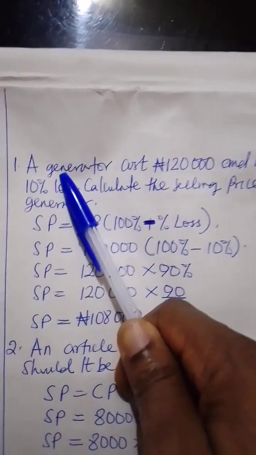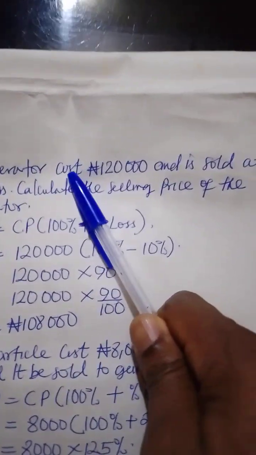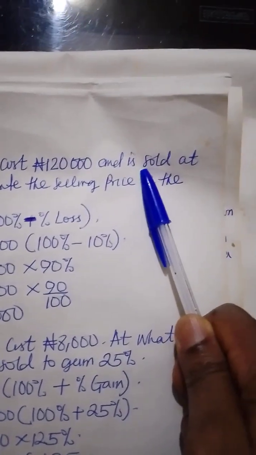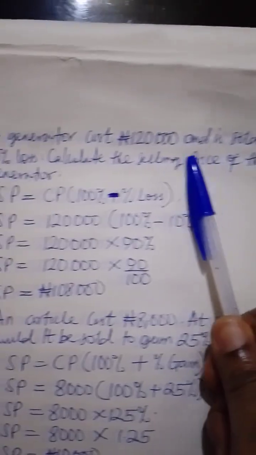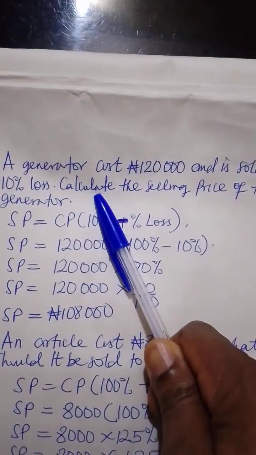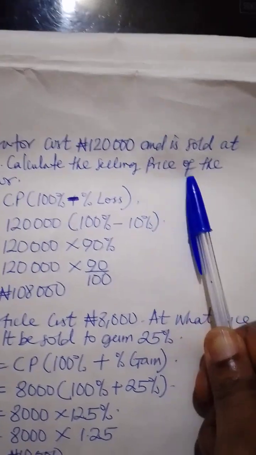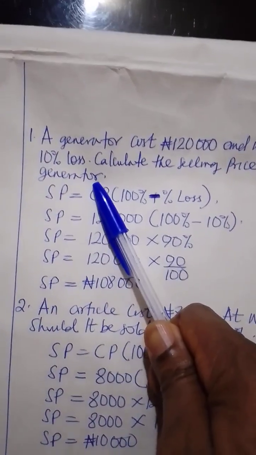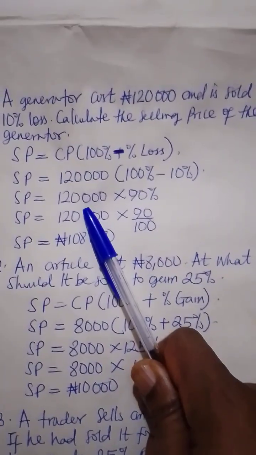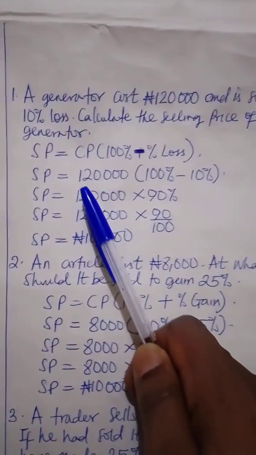Question 1 now. A generator cost 120,000 and is sold at 10% loss. Calculate the selling price of the generator. Of course, part of the formulas I gave you and asked you to commit to memory, we're going to use that now.